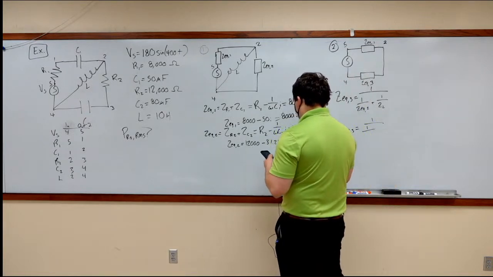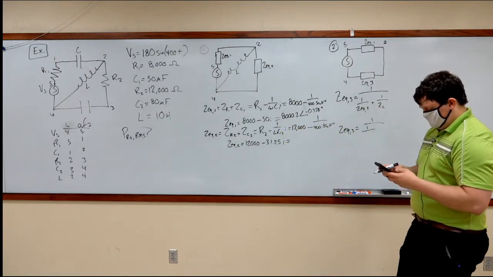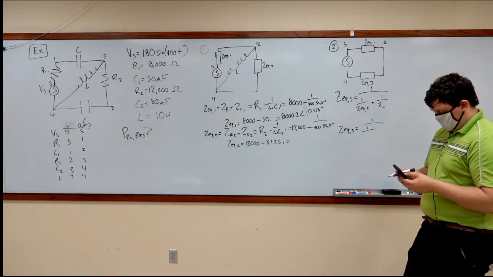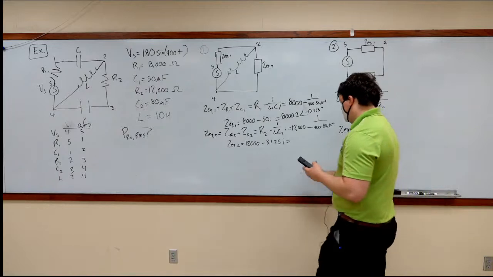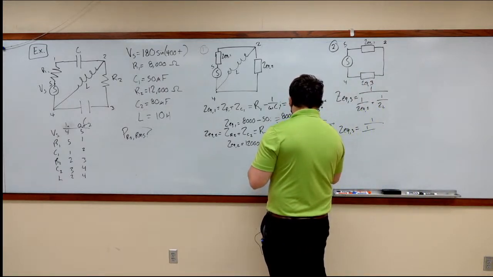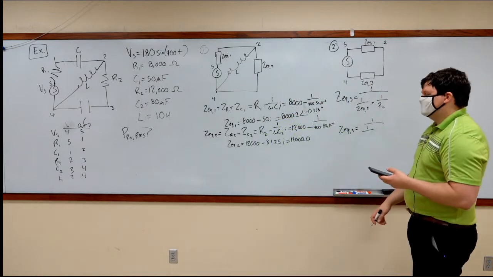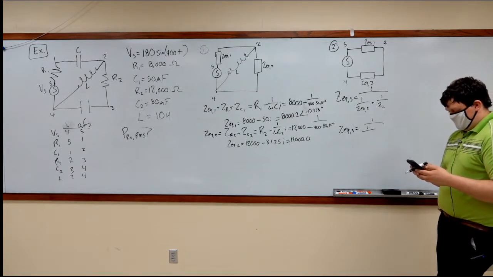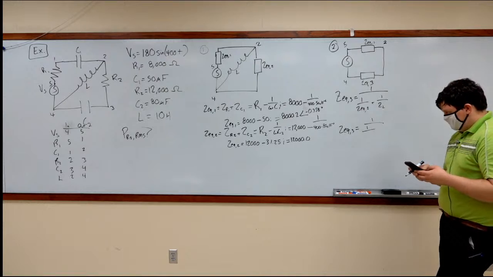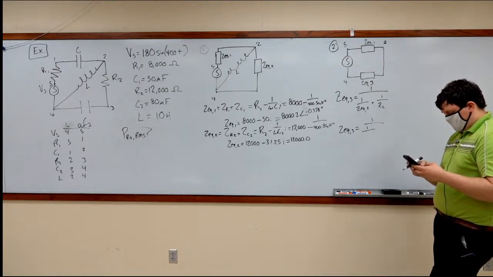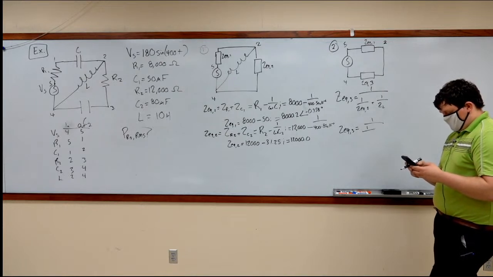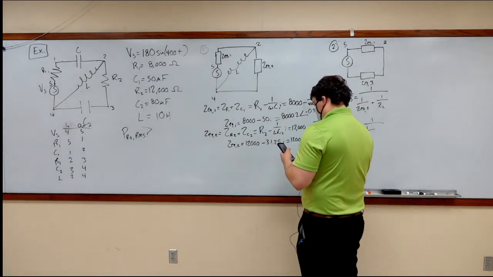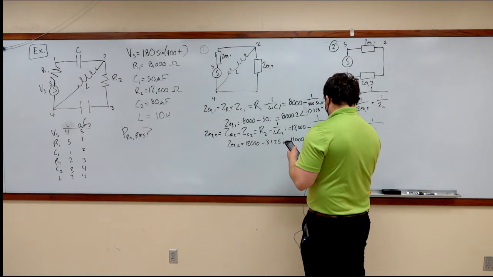And this one over here is 12,000.0. 31.25 is a very small number compared to 12,000, so that's going to be an angle of almost 0, at negative 0.149 degrees.